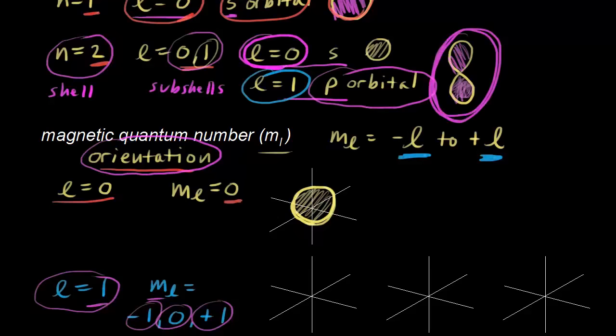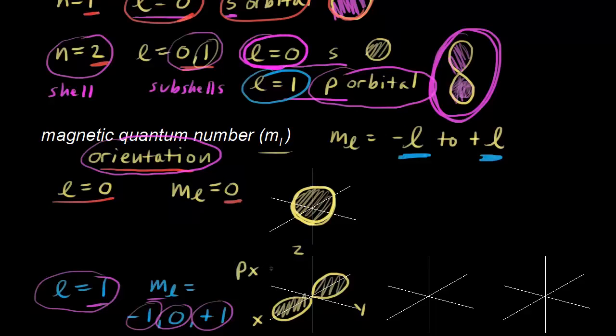So if we mark these axes here, let's just say this is the x-axis, y-axis, and the z-axis here. So we could put a dumbbell on the x-axis like that. Imagine this as being a volume. This would be a p orbital. We'd call this a px orbital, right? It's a p orbital and it's on the x-axis.